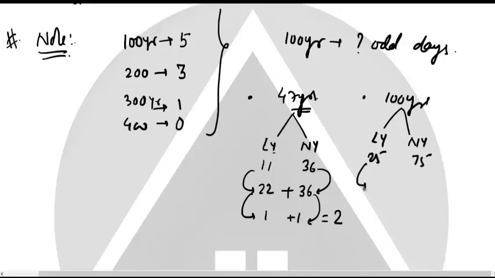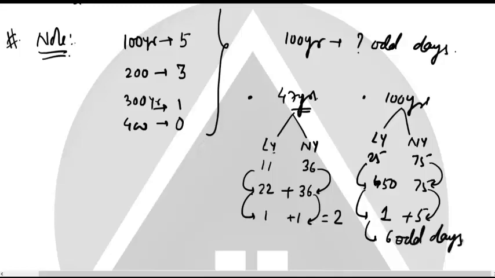So 25 leap years means 50 odd days. 75 normal years means 75 odd days. 50 odd days means 1 odd day, and 75 odd days means 5 odd days. So 1 plus 5 comes out to be 6. So your answer will be like 6 odd days.